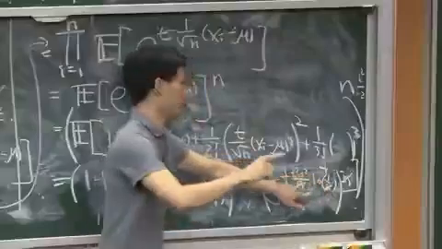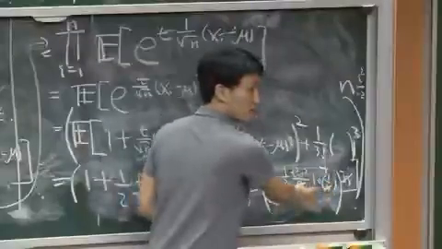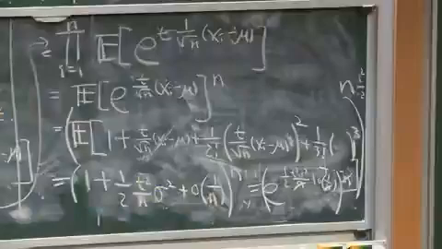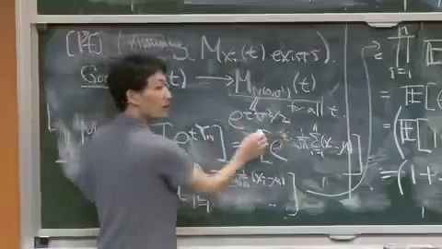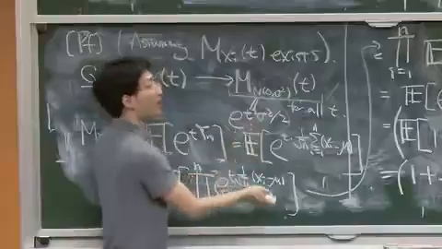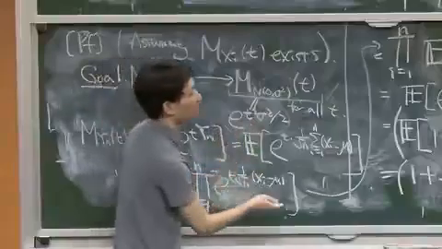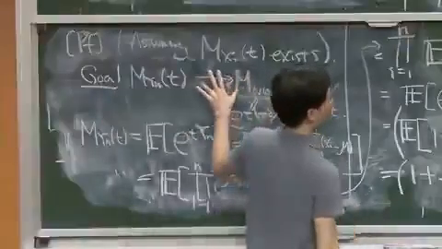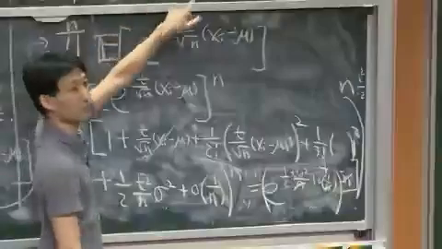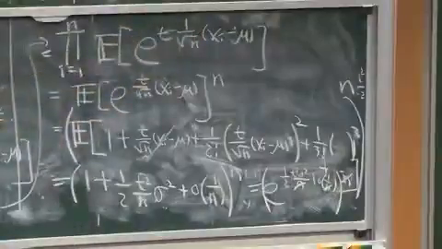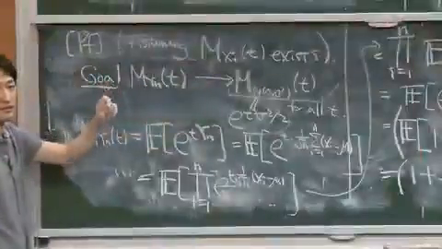If you take n to go to infinity, that term disappears, and we prove that it converges to that. Then by the theorem that I stated before, we know that the distribution converges. Any questions?